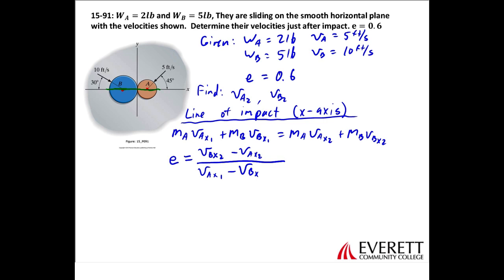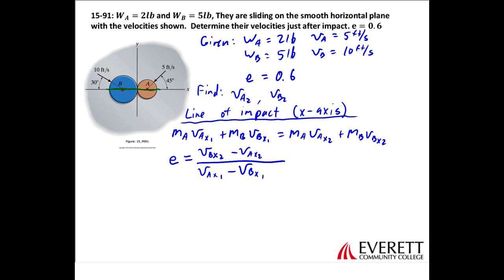The reason we switch them is because after an impact, the relative magnitudes of the two velocities in that direction are going to swap. So in this way, we get a positive coefficient of restitution if we do v_bₓ₂ minus vₐₓ₂, then vₐₓ₁ minus v_bₓ₁. So those are the two equations that we're going to use along the line of impact.